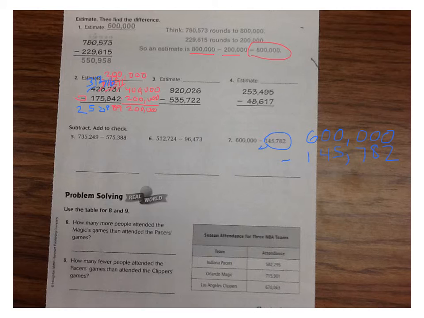Okay, so let's take 5 seconds and do that. Write that number, 145,782, under the 600,000. 3, 2, 1, ready.